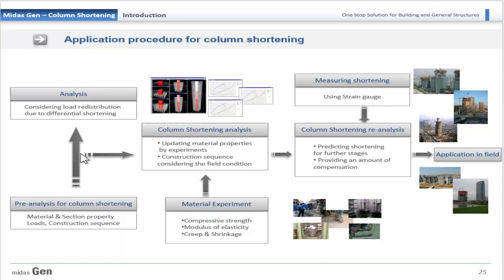Then, with any modifications, the material properties are updated by material experiments of compressive strength, modulus of elasticity, creep, and shrinkage. Column shortening is then rerun. Here, the shortening of further stages is predicted and compared with shortenings on site. Then the model is updated by providing an amount of compensation, which is then applied on the field.